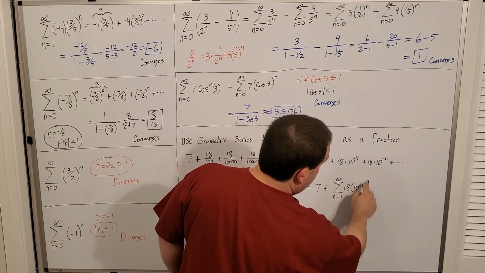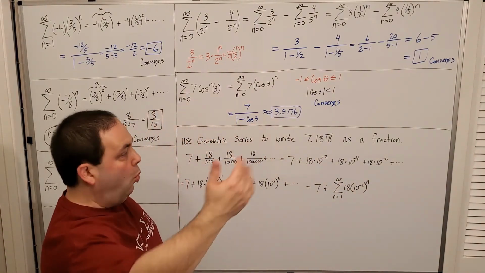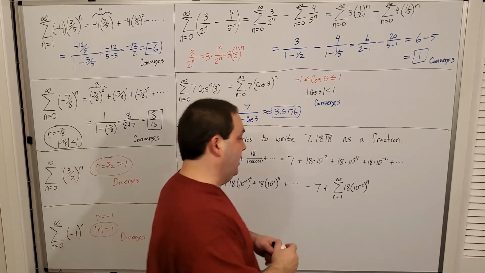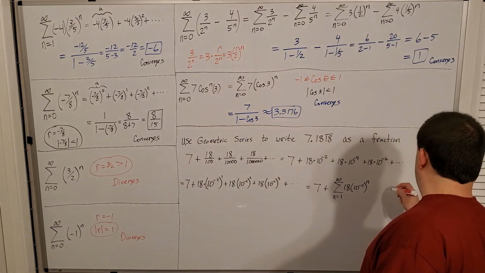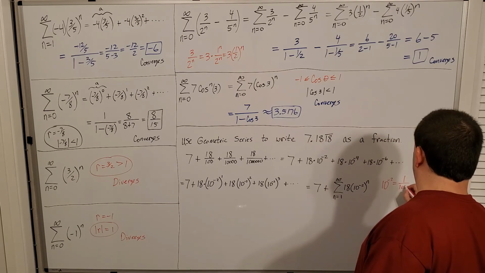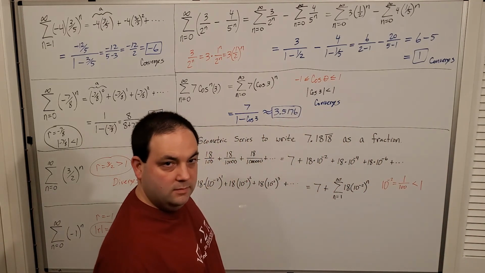All right. Well, now it's a geometric series plus some number 7, right? This is a geometric series. 10 to the negative 2 is just 1 over 100, which is definitely less than 1 in absolute value.